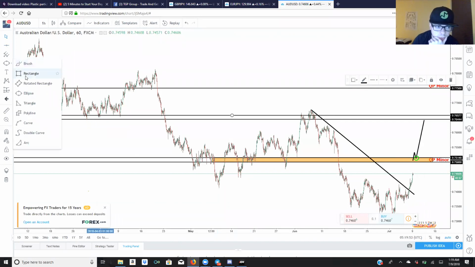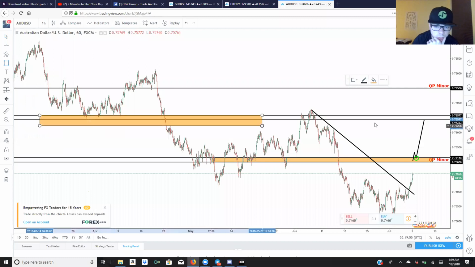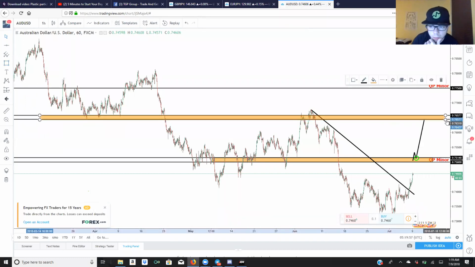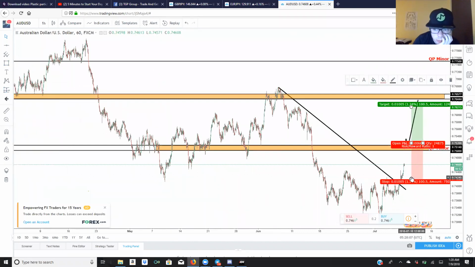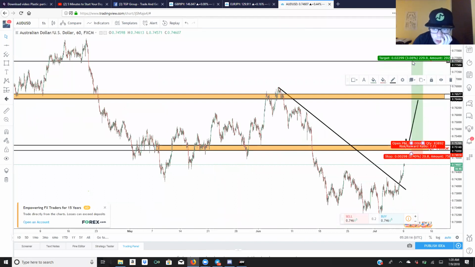I'm gonna highlight it. Okay. And now we're just gonna put our long position. Make sure it's only 30 pips. Hold it all the way to the 250.